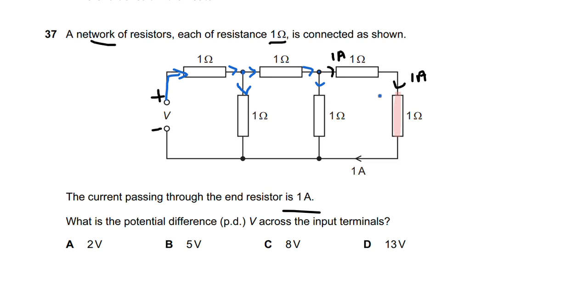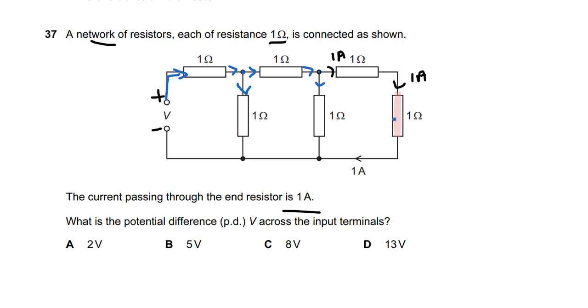The way we're going to work with this is that we know the current here is 1 ampere. The current here has 2 options: either go this way, which is just 1 ohm in its path, or go through this resistor and this resistor.